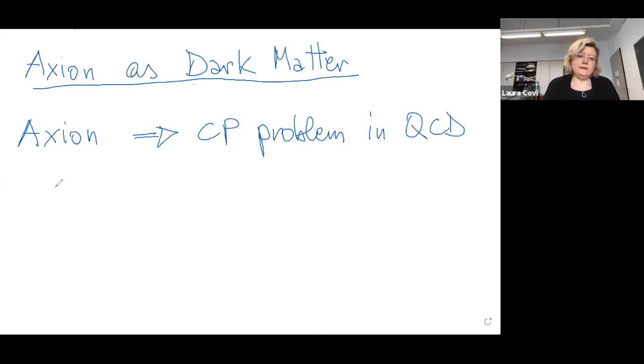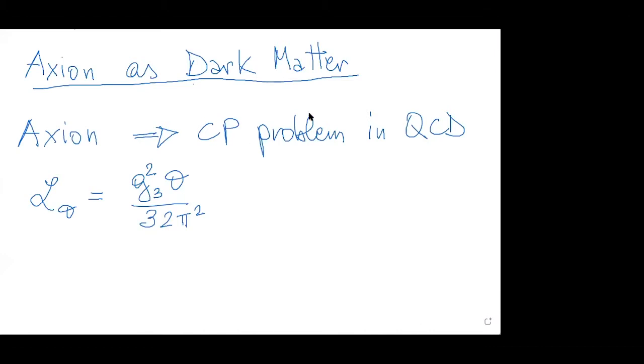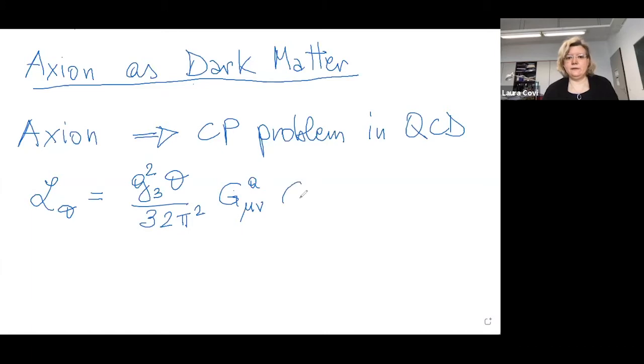The point is that in the QCD Lagrangian, you can add this theta term, as it is called. I call it L theta, which is equal to the QCD coupling squared, so let's write g_3, just to make it clear, is the QCD coupling, divided by 32 pi squared, G mu nu A, G tilde A mu nu.